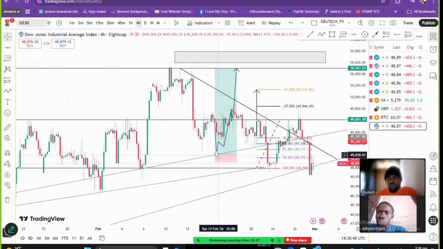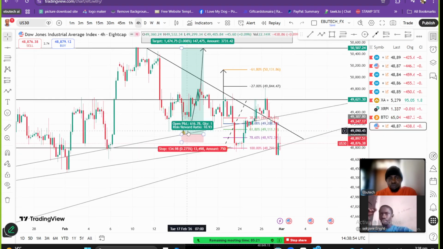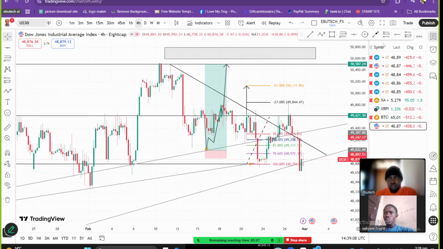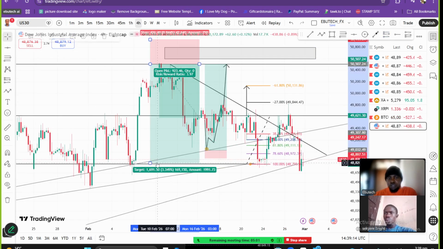So now what do you do? If you are not on your system and you don't want to miss this trade, you understand? You don't want to miss this opportunity when this market comes here. That's when buy limit or sell limit comes in. The same thing goes with sell limit.